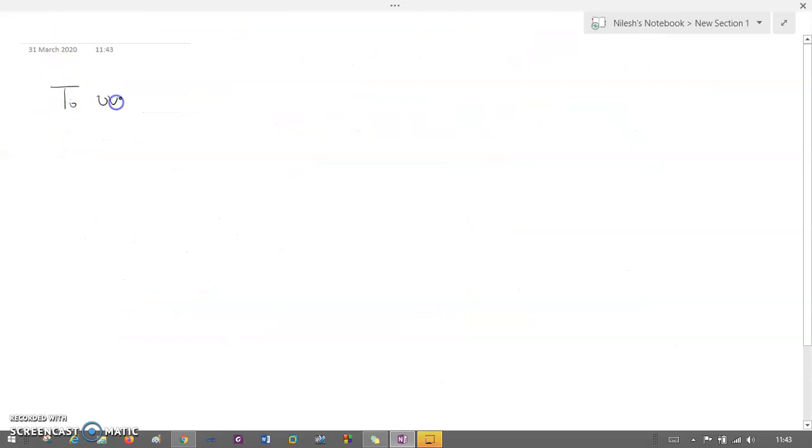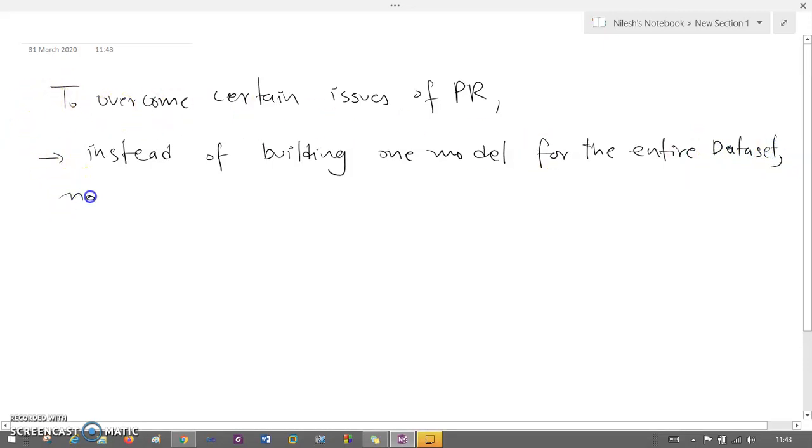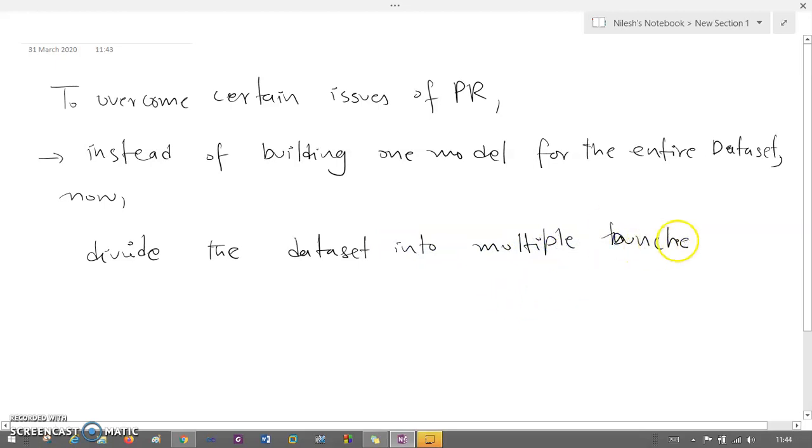To overcome certain issues of polynomial regression, instead of building one model for the entire data set, now you divide the data set into multiple bunches, and these multiple bunches are known as bins.